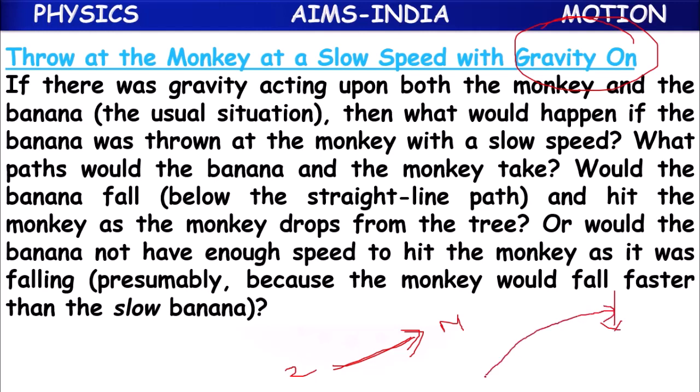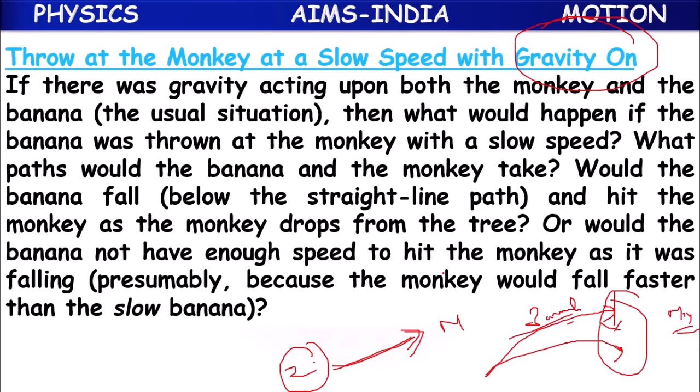If he shoots with less speed, it will hit the monkey at a lower height. But if he aims at the monkey, then only it will hit the monkey, because gravity is acting on the banana and the monkey in the same way. That's why the zookeeper always has to aim towards the monkey.